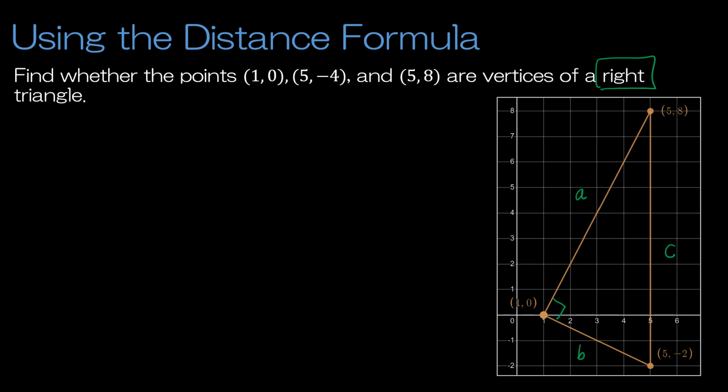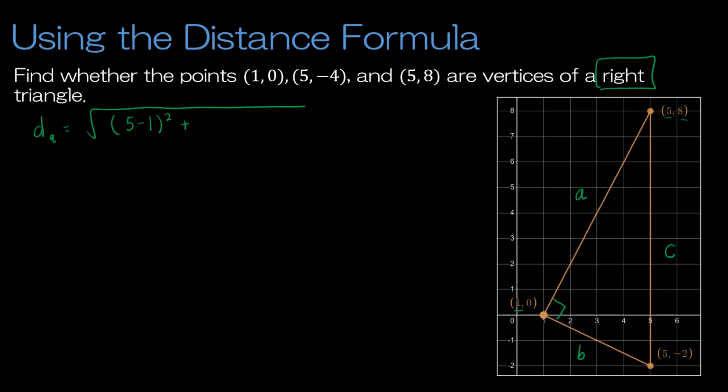So do I know the length of A? No, I don't. So I'm going to find the distance of A. And again, we're going to use the distance formula. So for the distance of A, I have to subtract the x value. So I'm going to take 5 minus 1, quantity squared, and then I'm going to subtract the y value.